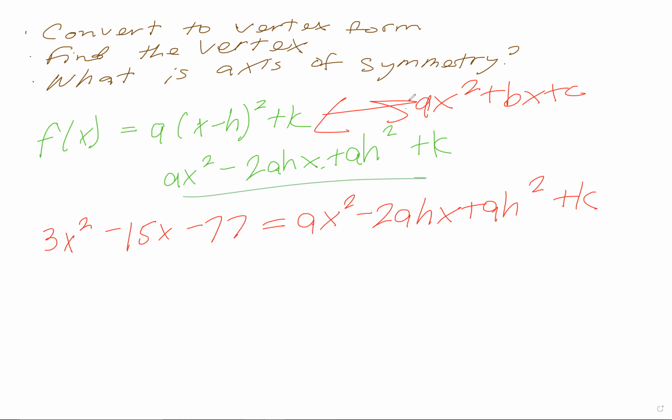Just like how we proved that we got the right answer a minute ago, when we went from vertex form, expanded it, and got back to standard form. So by setting standard form equal to vertex form, we're trying to find how we can put the standard form back into vertex form, at least how I understand it. Does that make sense? Yeah.